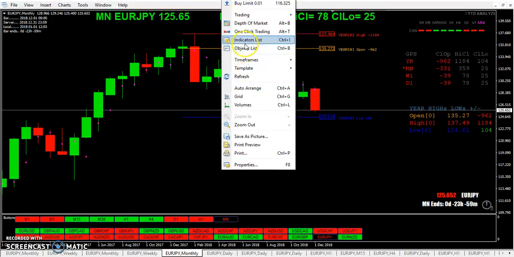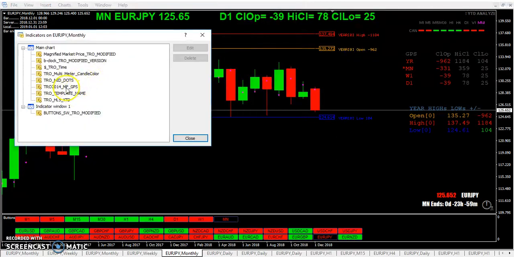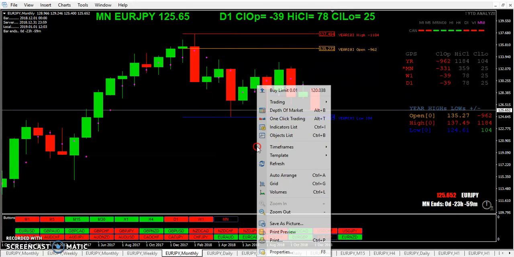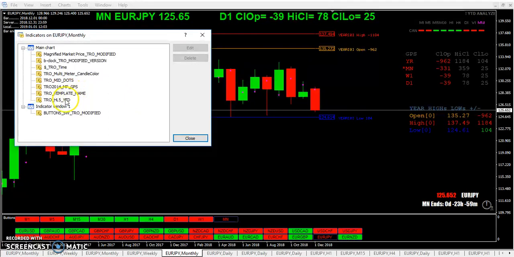And also we have the multi-frequency GPS right here: year, month, week, and day, so we can see where price is in relation to the open, the high, and the low for the year, month, week, and day. This is part of the HL5 YTD indicator, just showing you where price is in relation to the open, high, and low.